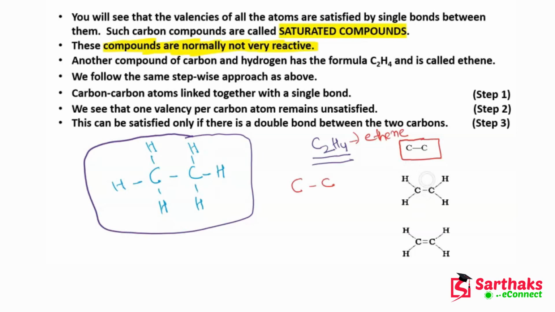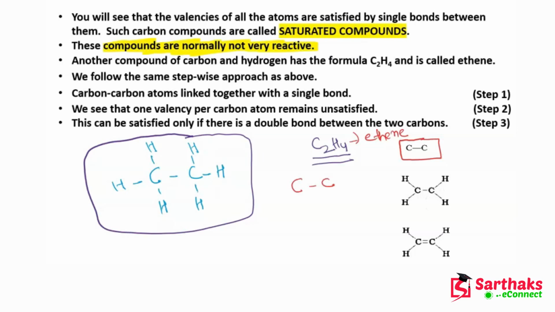Now you can see all 4 hydrogens are connected and there is a single bond between these 2 carbon atoms as well. But the question is, is the valency of the carbon completed or not?